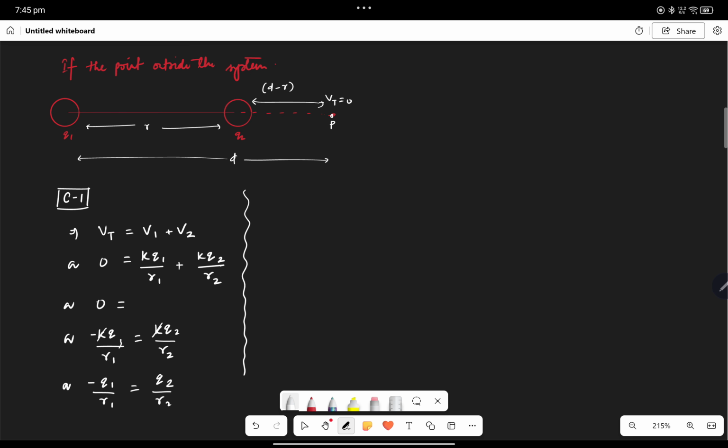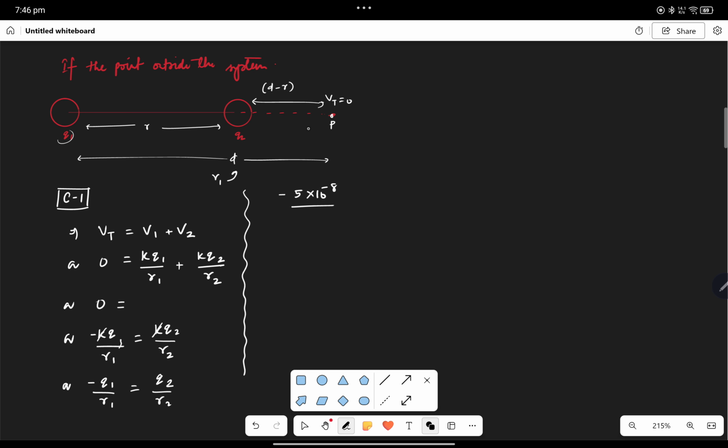Now by putting in the values, minus Q1 is 5 into 10 to the power minus 8, by R1, the distance between Q1 and that point. And R2 is the distance between Q2 and P. So the distance between Q1 and P is d, and the distance between Q2 and P is d minus r, so minus 3 into 10 to the power minus 8 by d minus r.